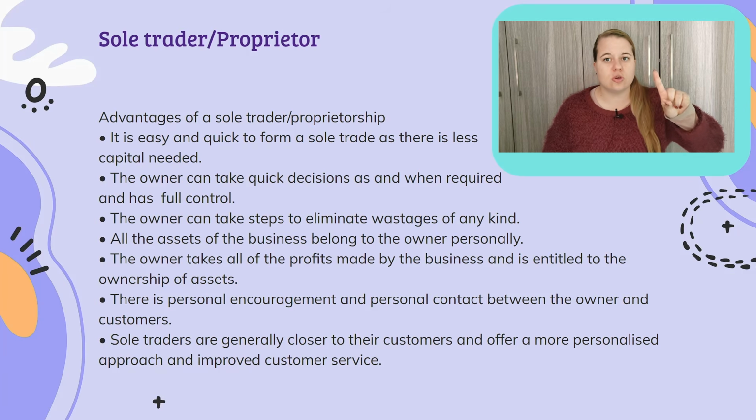Sole trader is one person. There's only one of you. Therefore, everything that happens affects you. You make all the decisions. You take all the responsibility. You provide all the capital. You also own everything in your personal capacity as an individual and not as the business.